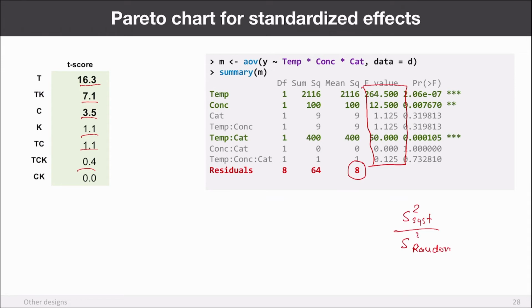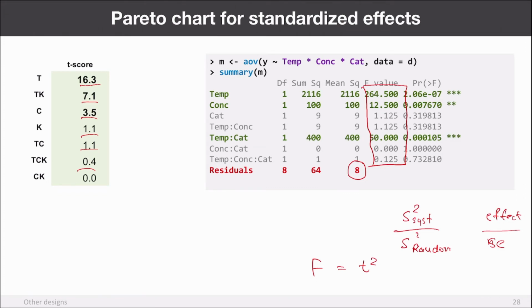You remember in the t-test we have effect to noise, to standard error, right? But the F value from ANOVA is just a t value squared, at least in the case where we have only two levels for the effect.